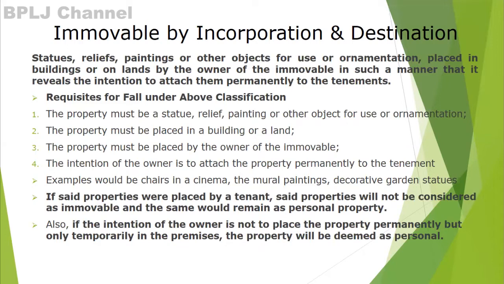Remember, these objects of ornamentation have to be placed by the owner of the immovable, owner of the building or owner of the land to which they are placed. Okay, remember, these statues, reliefs, paintings, or objects of ornamentation are essentially movable in nature. But they became immovable because the intention of the owner is to place them permanently on the building or on the land which he owns.